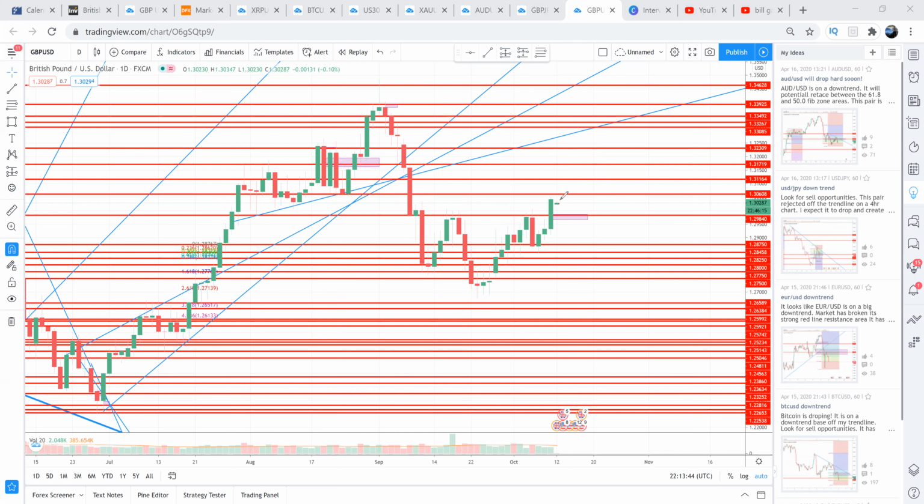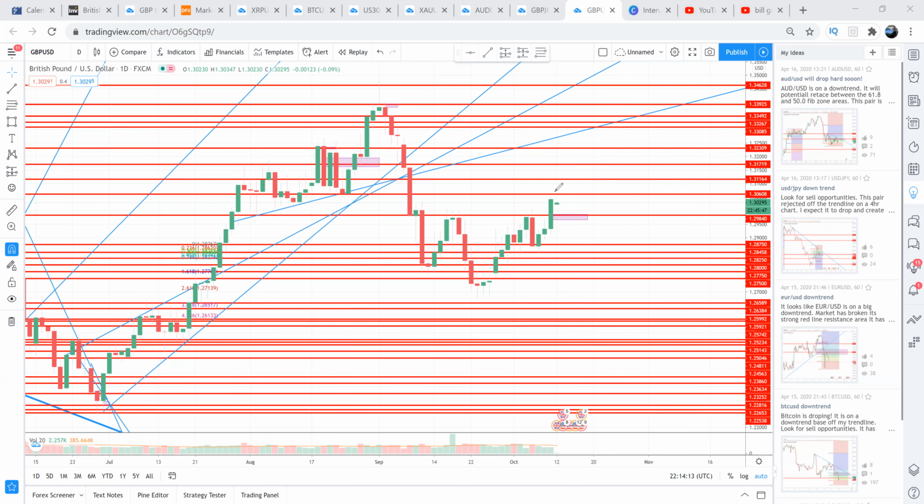But if it comes up and comes back down, this area is important to see if we're going to respect this area as support. If it breaks it, then we'll come back down to this area that is an area of support. But based off reading the articles and the fundamental analysis, I'm predicting that we're going to go higher this week.